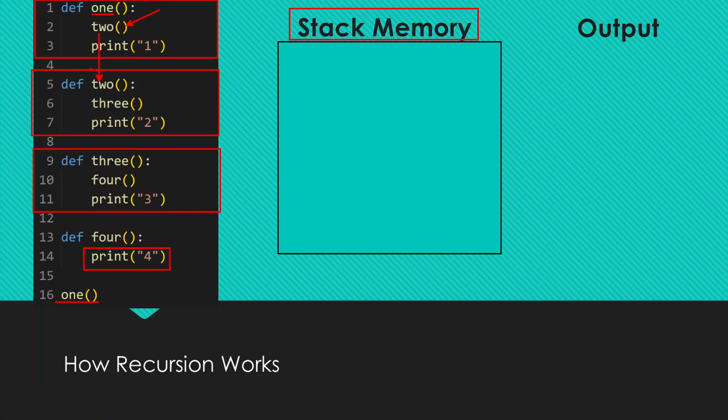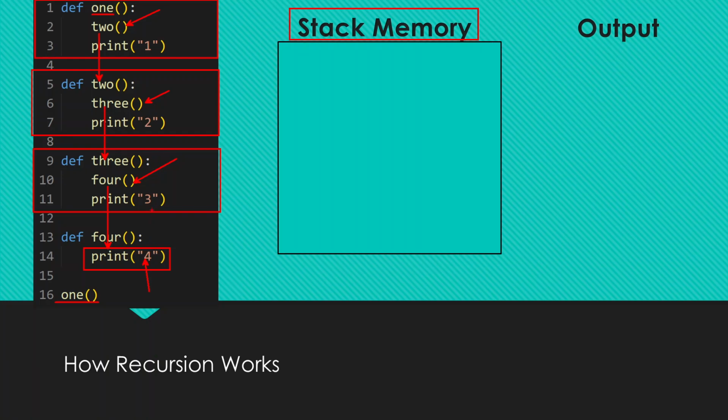So line number 6. When you get to line number 6, again, we are calling function number 3. So it's going to transfer the execution to line number 3. Then when we get here, we are going to call function number 4. Then it's going to transfer the execution to function number 4. And function number 4 is simply going to print the value 4.